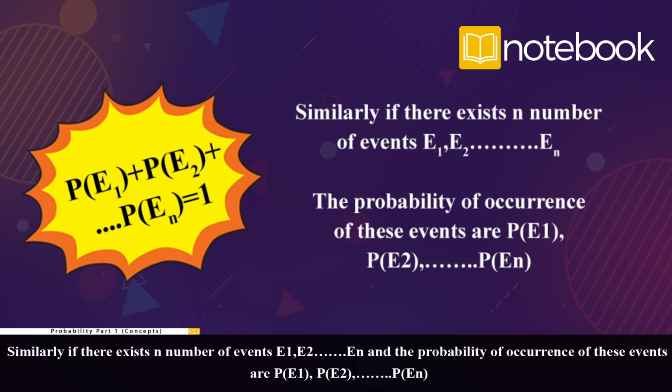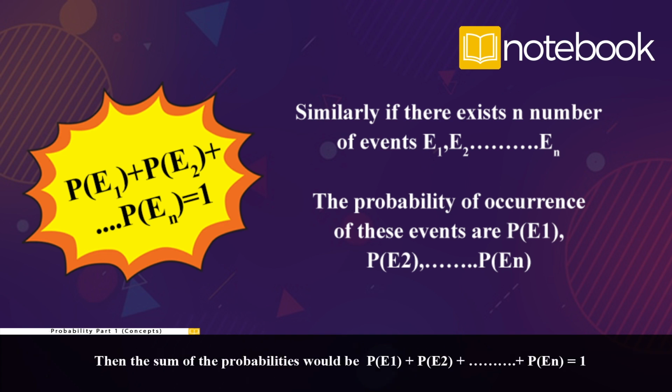Similarly, if there exist n number of events, E1, E2 up till En, and the probability of occurrence of these events are P(E1), P(E2) up till P(En), then the sum of the probabilities would be P(E1) plus P(E2) plus up till P(En) is equal to 1.